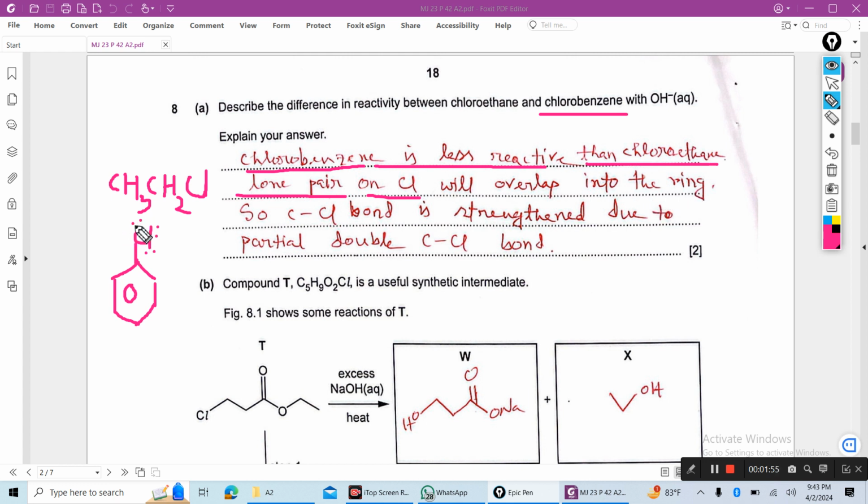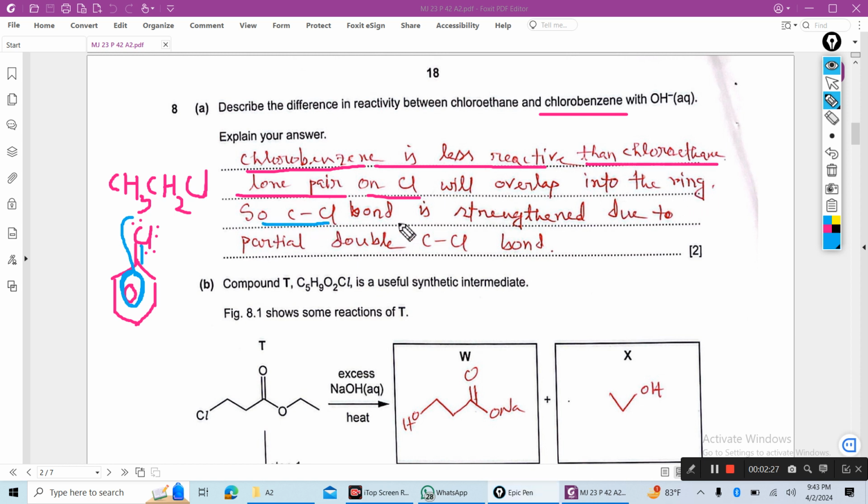This lone pair of electrons will go to the benzene ring and mix with the delocalized electrons. So this carbon-chlorine bond likes to form a double bond. So the lone pair on chlorine will overlap into the ring.